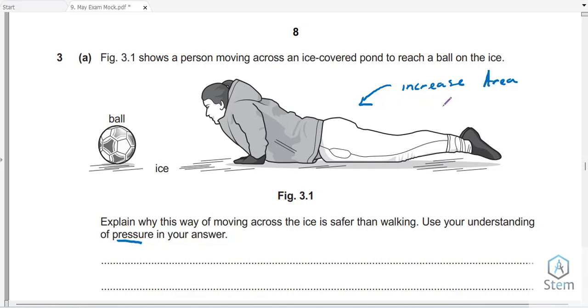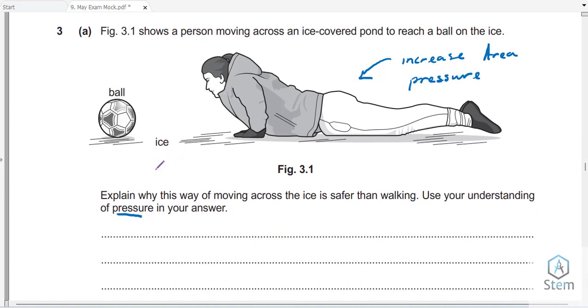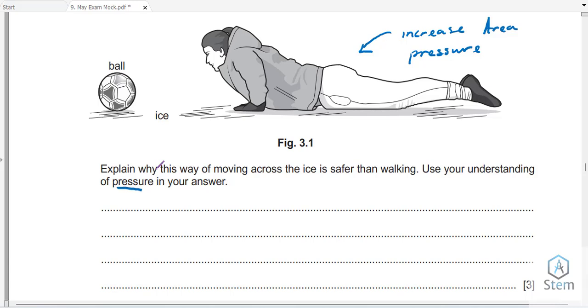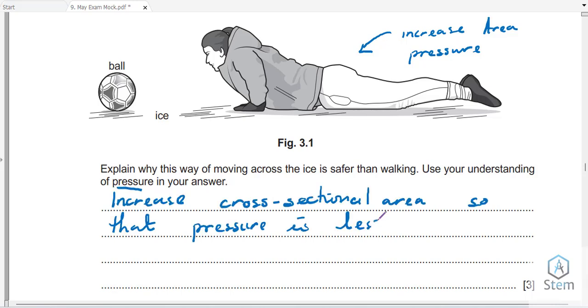So this medium would break if you exert too much pressure on it. The medium being the ice on which the person is crawling. So those are the ideas you are expected to share. The first point is this person is increasing cross-sectional area so that pressure is less.